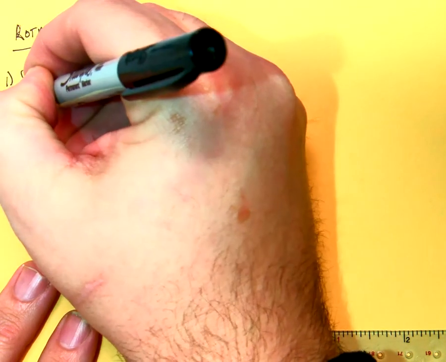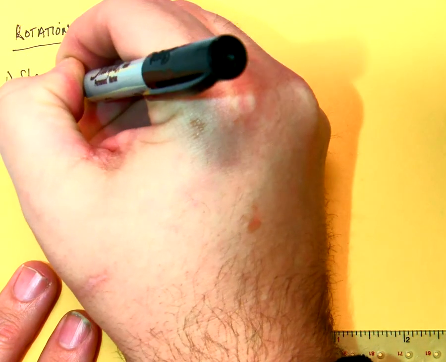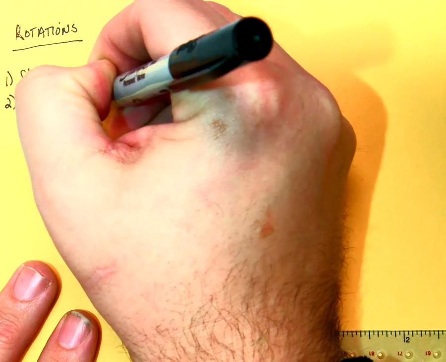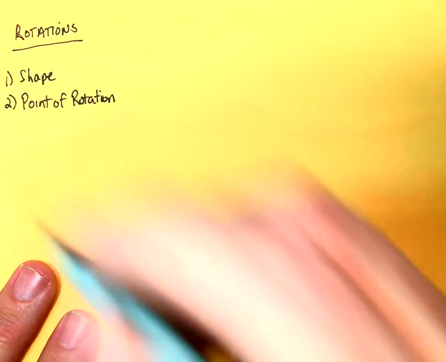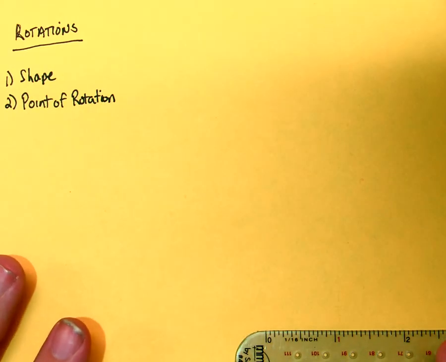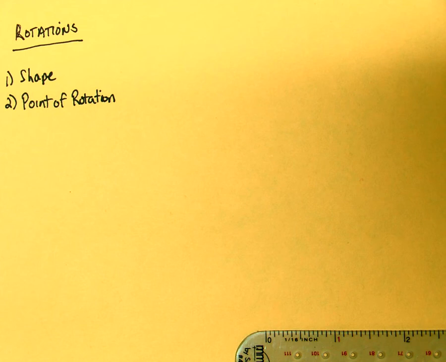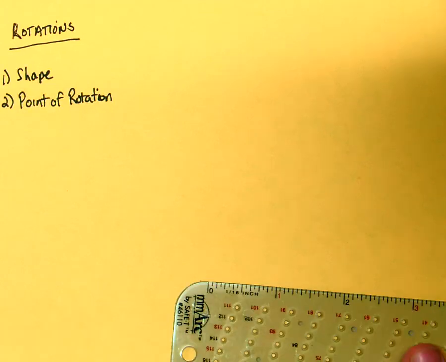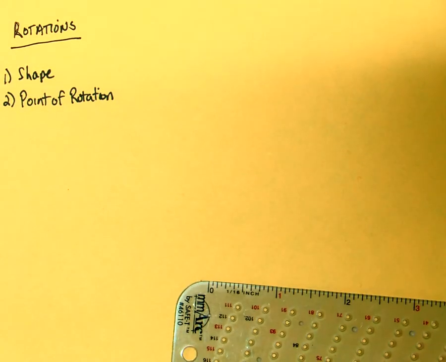You need a point of rotation. Kind of like a center point to all of this. Because what we're going to do is we're going to think of these in terms of circles. And when we create our little arcs here, we're basically going to be creating circles around that contain each point.